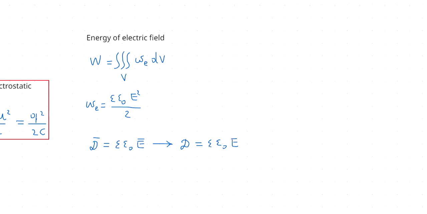So from here we can rewrite this as D E divided by 2, and we can rewrite this as D squared divided by 2 epsilon 0 epsilon.